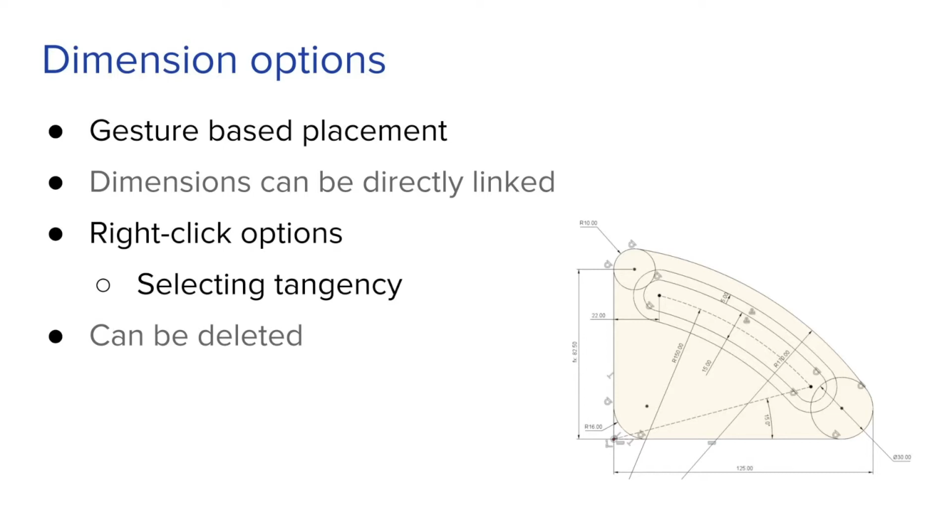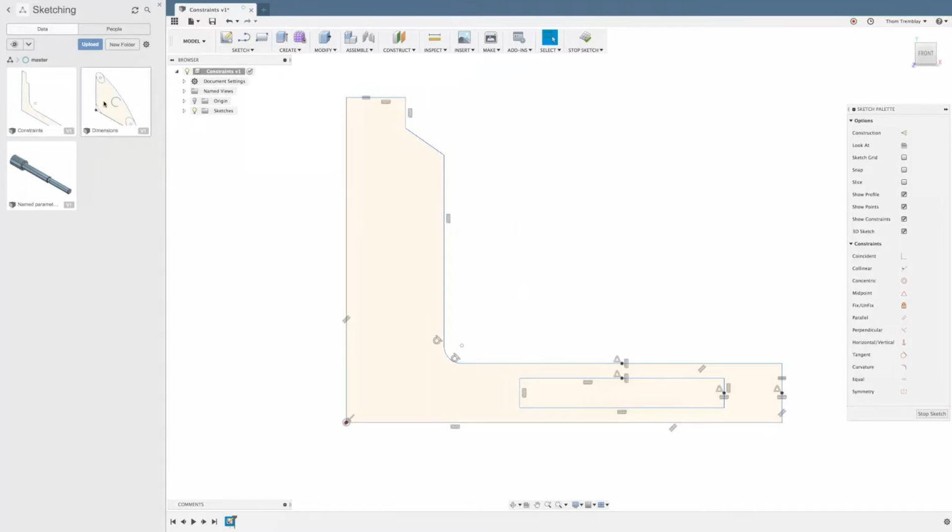There are also some new right-click options, especially when working with forms like this one where there's a rounded edge. Previously in Fusion 360, we had to make up for some things with some construction geometry or do some calculation. And of course, any dimension can be deleted. Dimensions can also become driven so that they can reflect values, but not change the geometry. But that might be a little past where we're going to go today. So let's go back and take a look at our dimensions sketch.